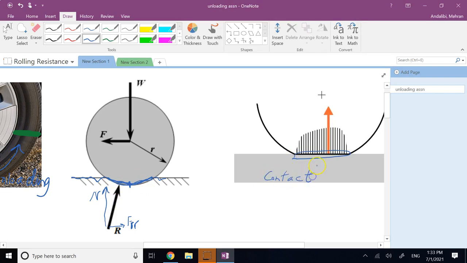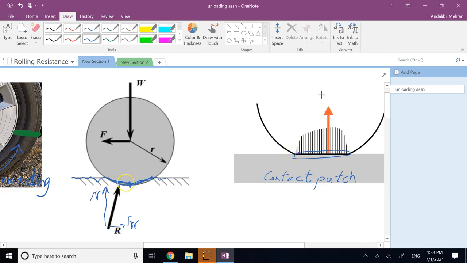So you have an area of contact, not just a line of contact. And when the horizontal component in the opposite direction of the motion is applied to many of these contact points, they will create a negative work component that will reduce your kinetic energy over time.